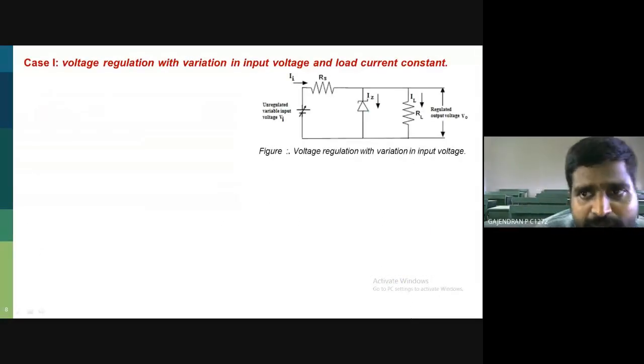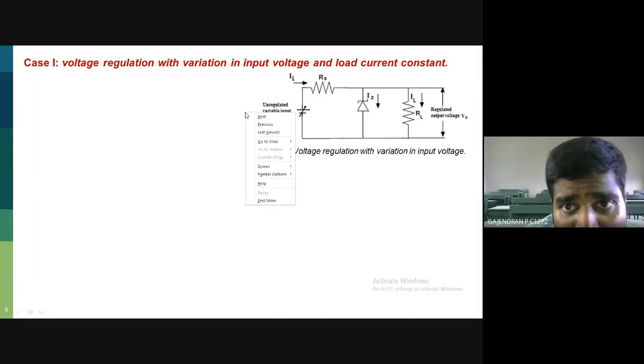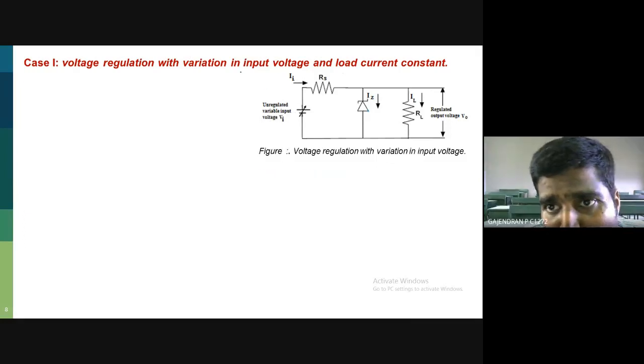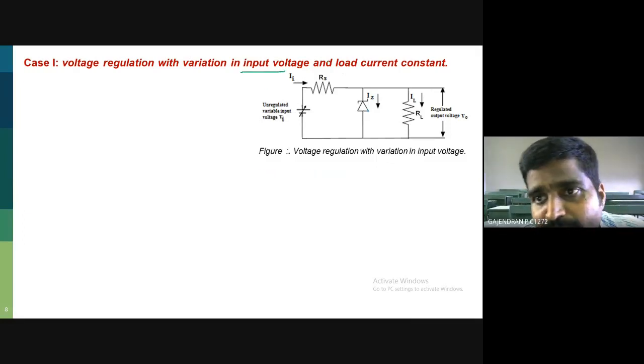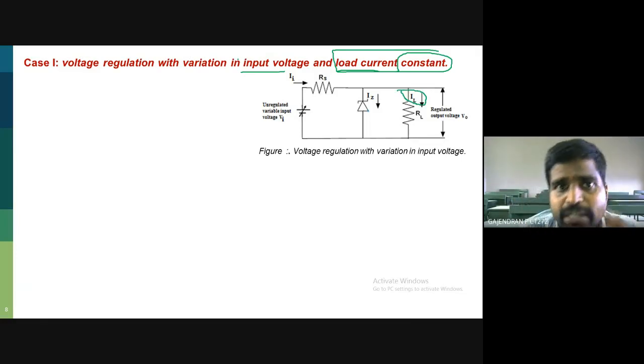The first one we are going to consider the voltage regulation with variation of my input voltage and load current kept constant. Please make a note of this. Load current constant வச்சுக்கிறோம், input voltage மட்டும் vary பண்ணும். Okay வா?